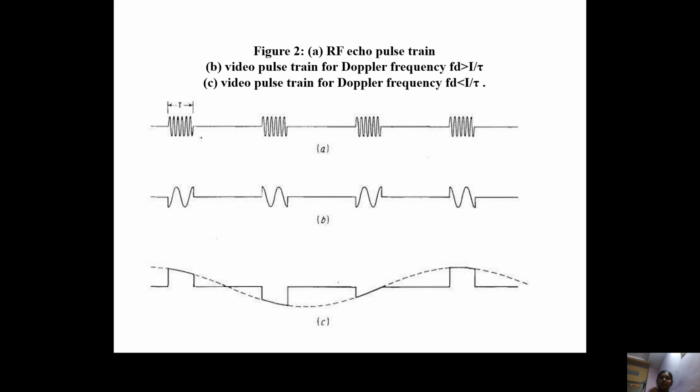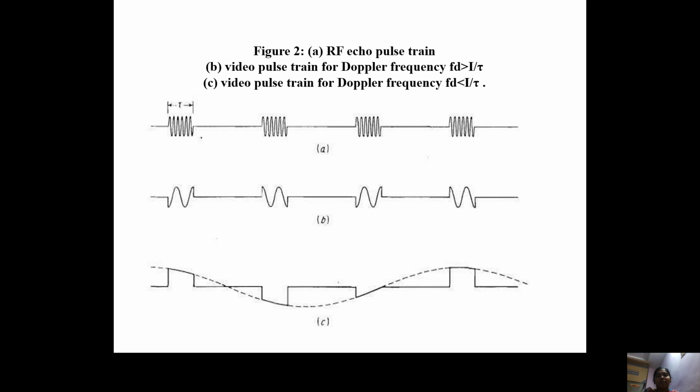The first figure indicates a radio frequency echo pulse stream which is received, traveling with the pulse interval tau, and the second figure indicates the video pulse train for Doppler frequency greater than the reciprocal of pulse interval. So in the case of the waveform shown in figure P, we can easily determine the information from a single pulse.